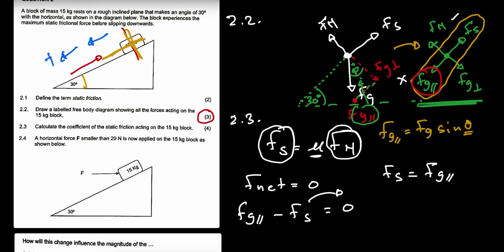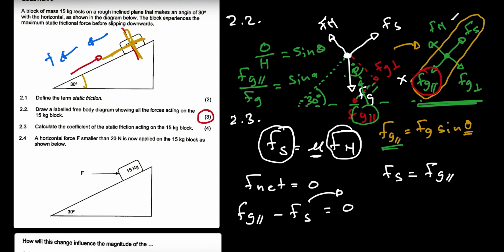Remember, the opposite and the hypotenuse represent the sine of theta. So if the opposite force is the gravitational force parallel, FG parallel, divided by the original gravitational force, you will use the sine of theta. When you cross multiply, you will get that FG parallel is always FG multiplied by sine of theta.